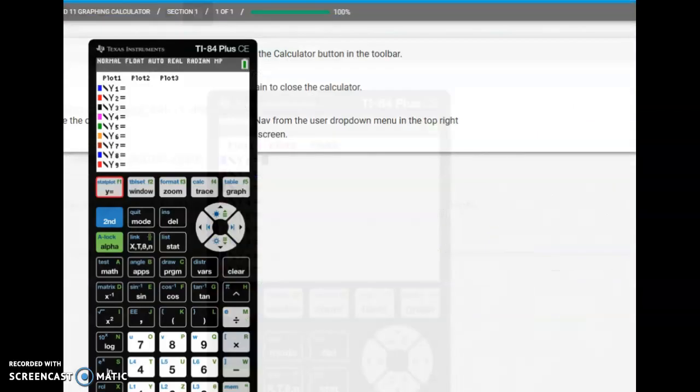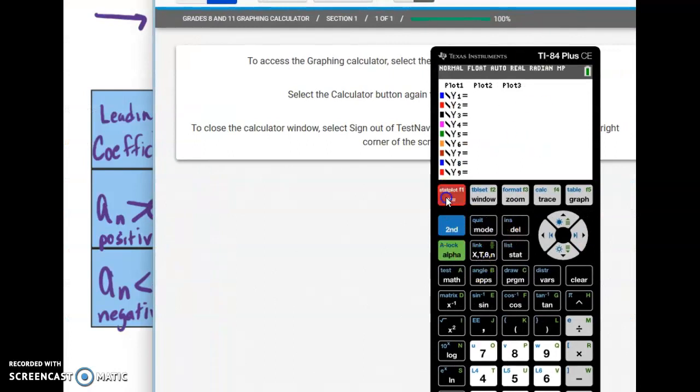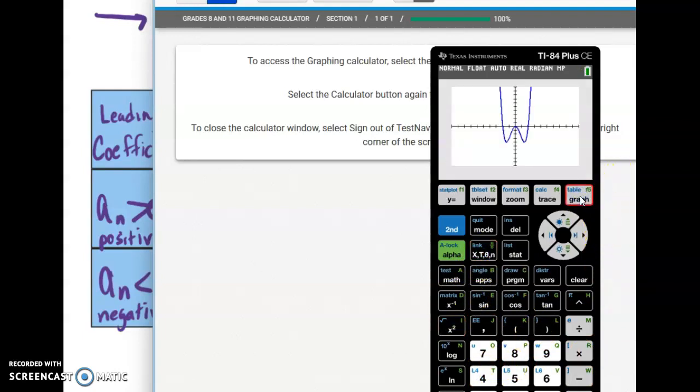So here's my calculator, and I'm going to hit y equals, and then I'm going to put in x to the 4th minus 4x squared. And then I'm going to hit graph, and I'm going to see if I can see this graph, and I do.